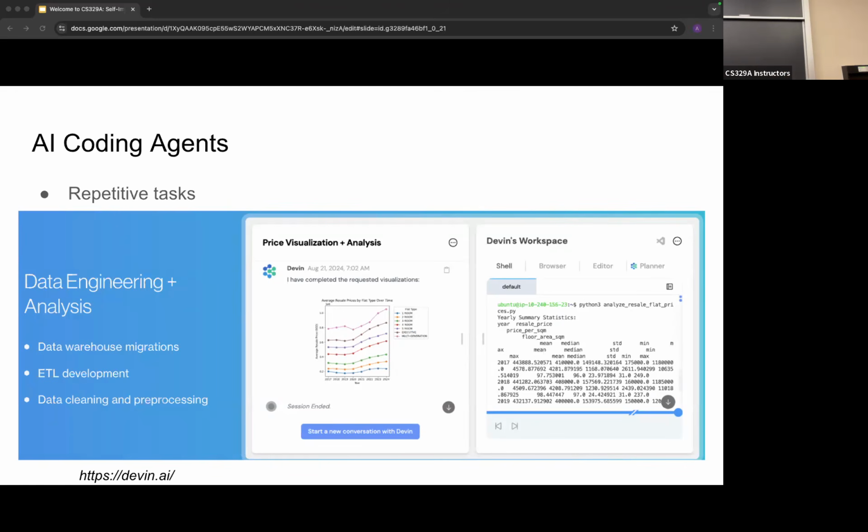Another very good example of repetitive tasks ends up being data engineering. So if you have to do data warehouse migrations, like your data sitting here, you want to wrangle it in certain ways to display a certain set of graphs, then doing the extraction, transform, and loading of these kinds of data processes can be extremely time-consuming and repetitive.